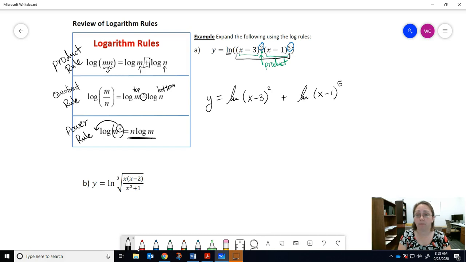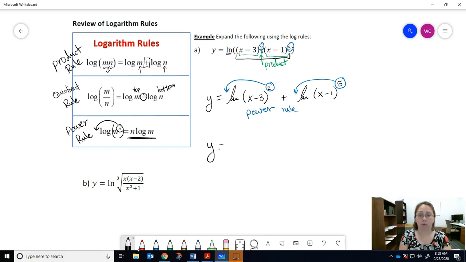ln of (x minus 1) to the fifth. Now that you've broken it up, ask yourself if you can break it up anymore. Do any of these logarithm rules apply still? Well, when I look at it, I say, okay, now this power is on everything in the log, so now the power rule can be applied to each of these powers. So that's what we're doing here. Again, this is just algebra.